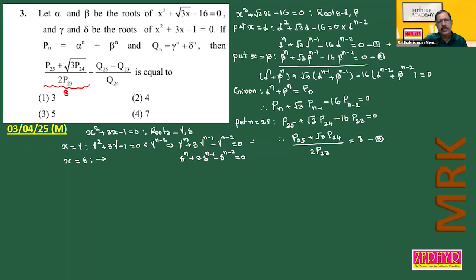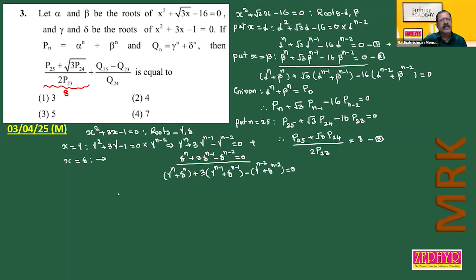You add these two. You will be getting gamma raised to n plus delta raised to n plus 3 into gamma raised to n minus 1 plus delta raised to n minus 1. You must have got the answer by now. Minus gamma raised to n minus 2 plus delta raised to n minus 2 equal to 0.